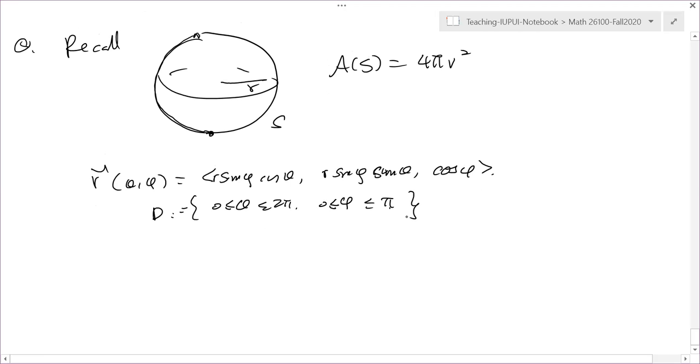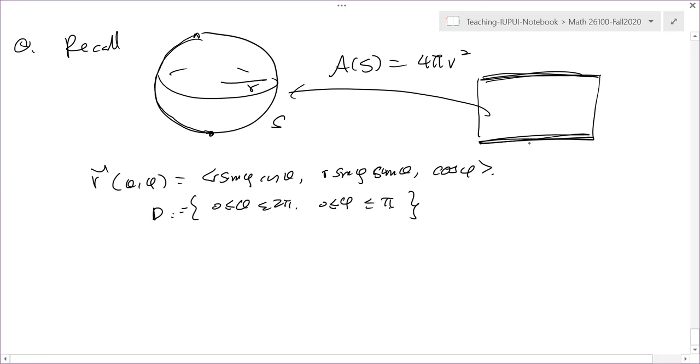So this map sends a rectangle over to the sphere. You have to stretch some area. So you collapse these two sides to a point. Step 1 looks like that.